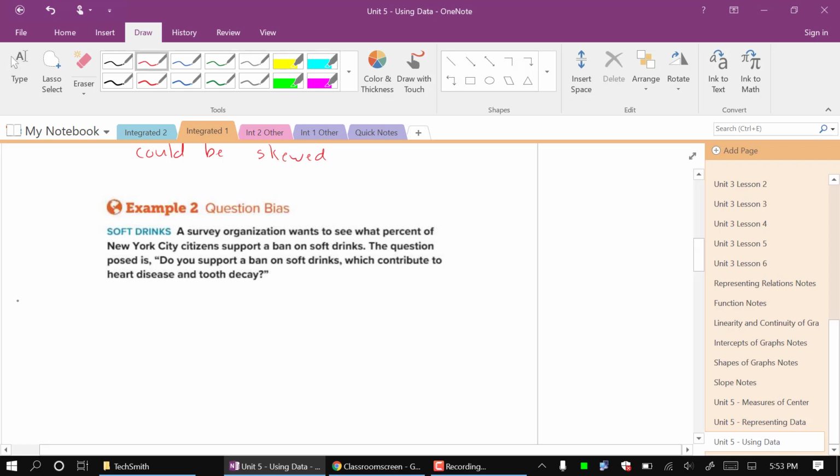So our first step is to find the percent of New York citizens who support a ban on soft drinks.